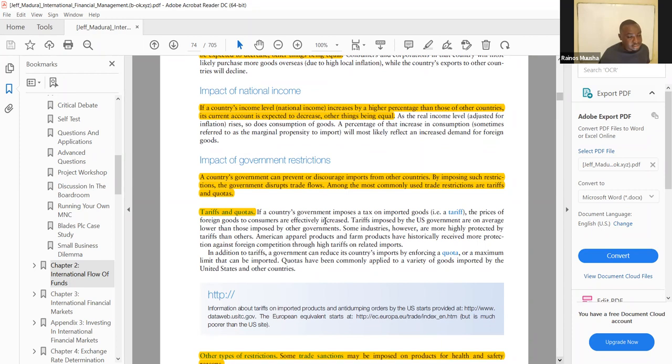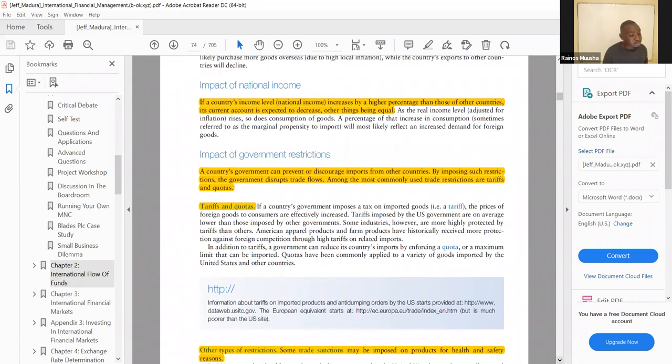With the quota system, for a particular good or service over a given period, we are saying that the maximum we're going to allow to be imported is so much. Beyond this point, we're no longer going to allow imports of those goods and services. So what is going to happen? Beyond this point, the demand for goods and services from abroad is going to go down. So that's one way they can use restrictions to balance off the balance of payments, so that we're not too much in deficit on the current account, or even the capital account as well.